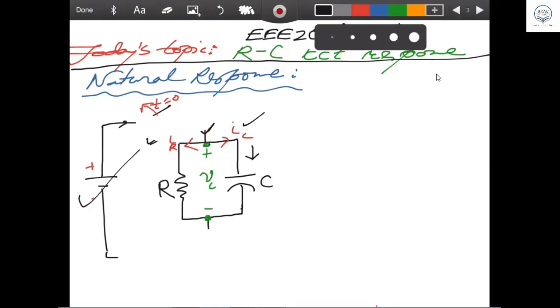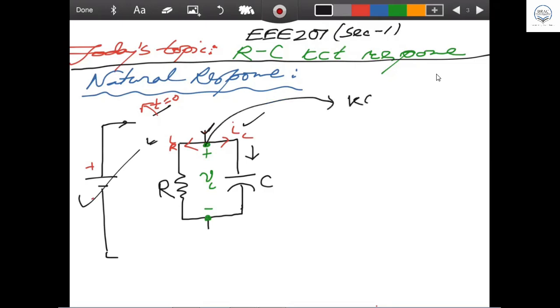You can see the voltage decreases exponentially, like what we saw in the last free running RL circuit, where IL was decreasing exponentially. In this case, VC will decrease exponentially, and that equation will come from this point.